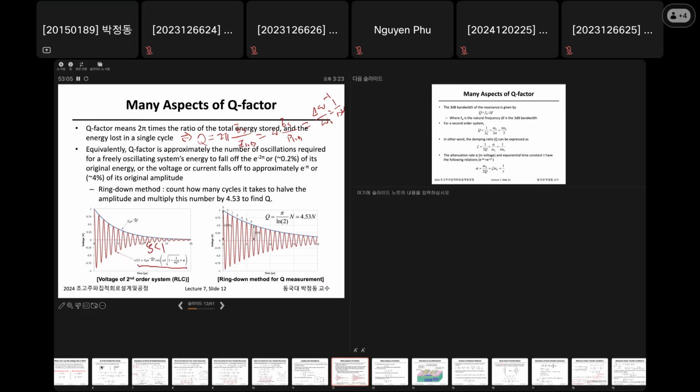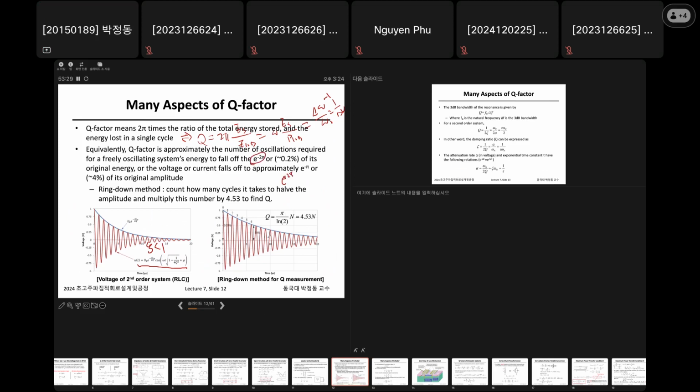So there exists a ring down method. The ring down method works this way. We just make it resonate, and using this observation line, it falls by e to the minus 2 pi.